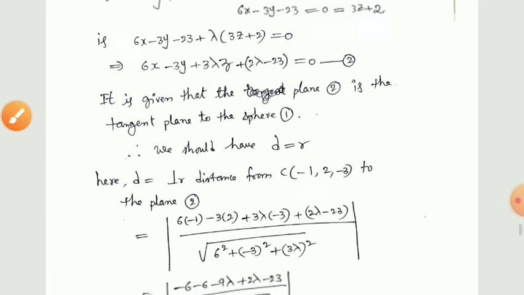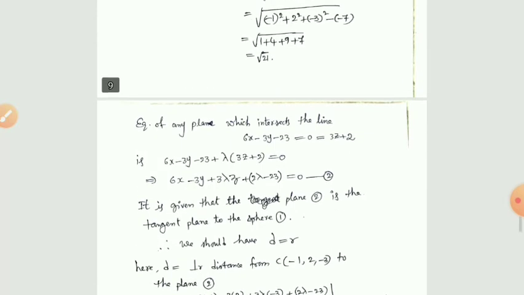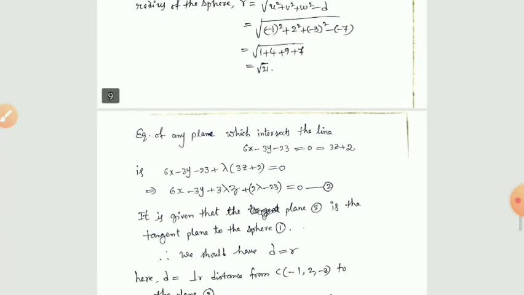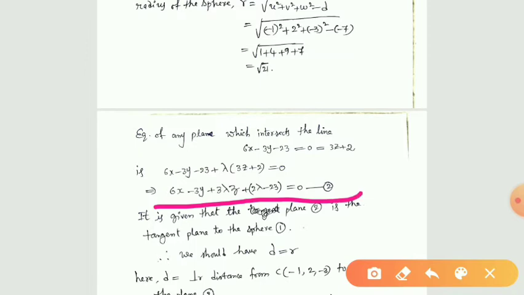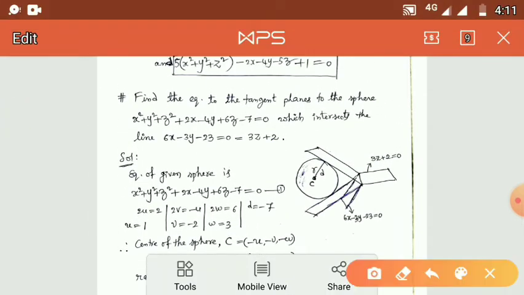What is given in the problem? We have to find the plane passing through the given line and touching the given sphere. So it is given that this plane 2 touches the sphere given in the problem, sphere 1.